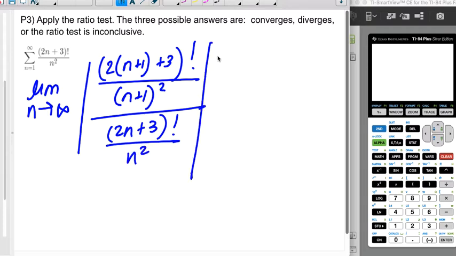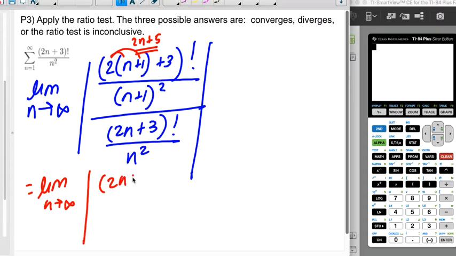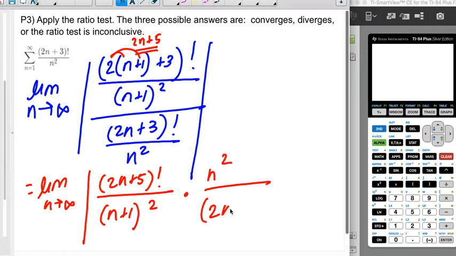When I clean this up, I'm probably going to start by making this 2n plus 2 plus 3, so this is a 2n plus 5. That's what this whole inside is. So this is the limit as n approaches infinity of 2n plus 5 factorial over, and I'm going to leave it as n plus 1 squared for now because I don't really care. And then when I flip the denominator, this is what happens.